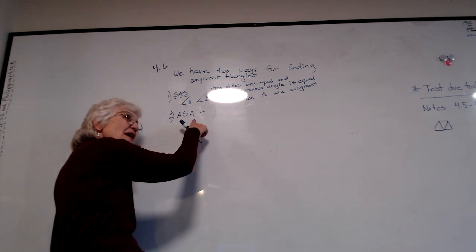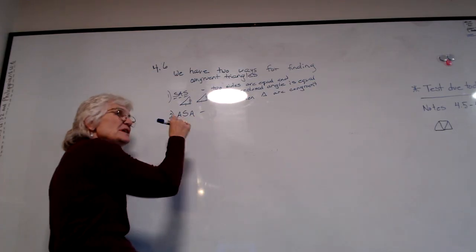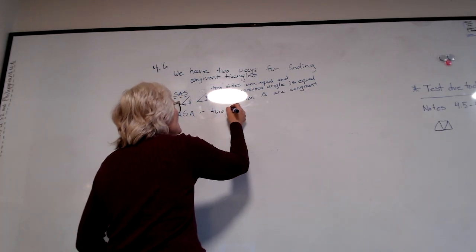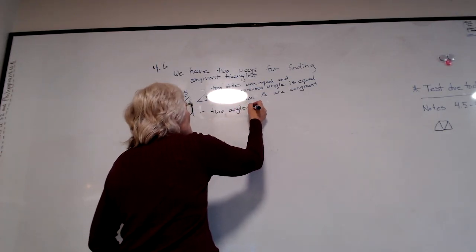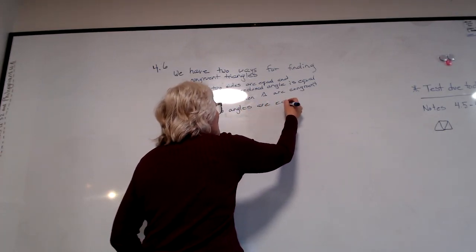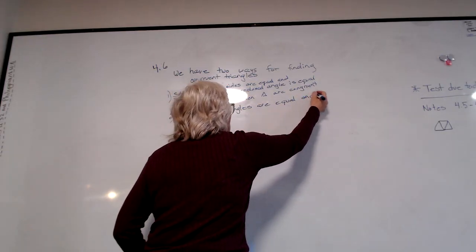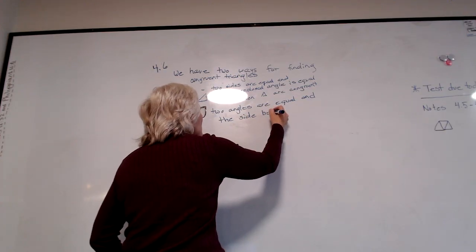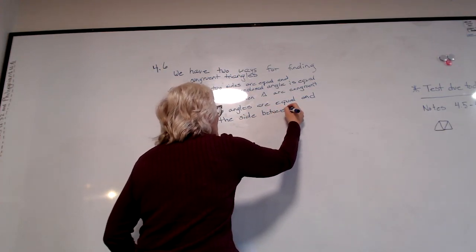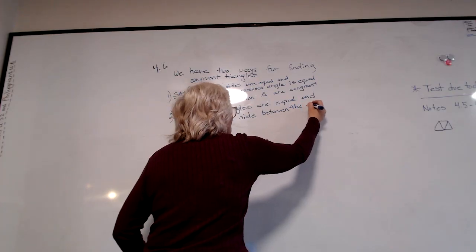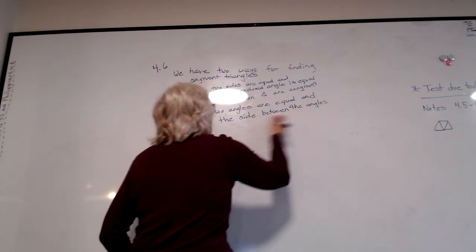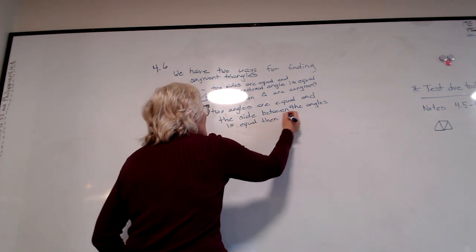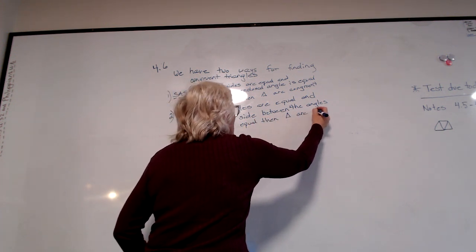So if we have two angles that are equal and the side between the two angles is equal, then the triangles are congruent.